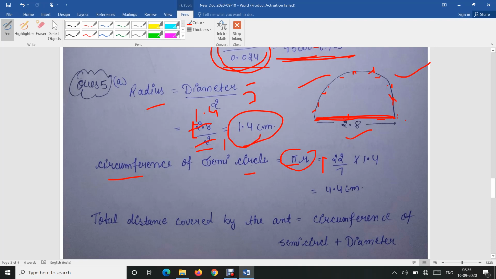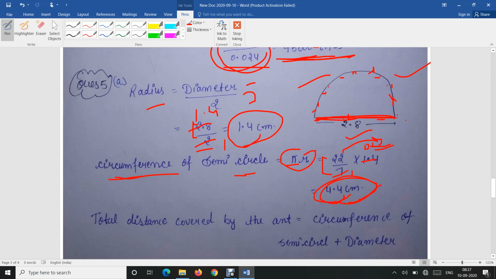Pi is 22/7 and r is 1.4. After solving that, you will get 4.4 centimeter. So the circumference of the semicircle is 4.4 centimeter.